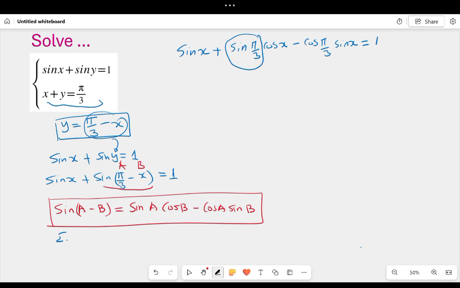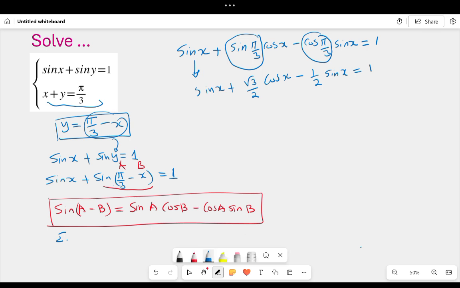We can actually get it quickly. So sine pi over 3 is simply the square root of 3 over 2. And then we copy cosine x. And then minus cosine pi over 3, which is a half, 1 over 2 sine x, which is equal to 1. Actually, we need to drop this one down here, which is sine x.